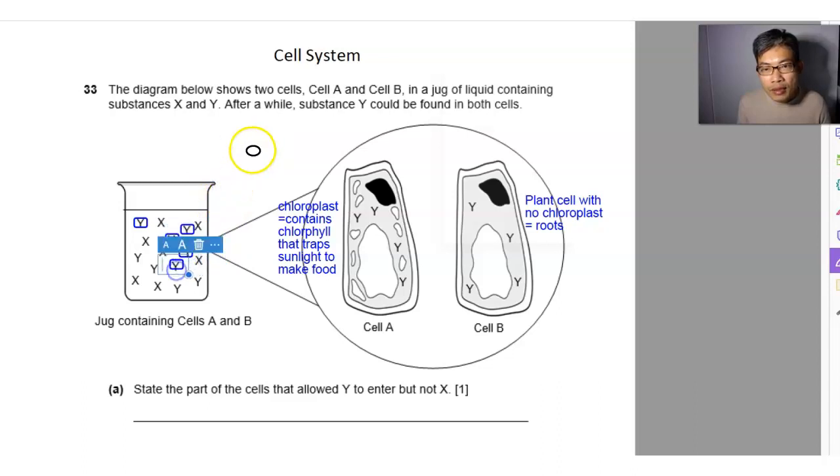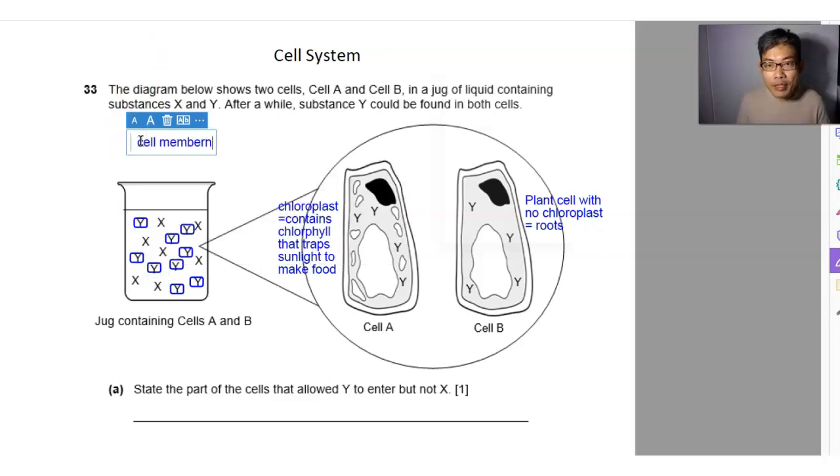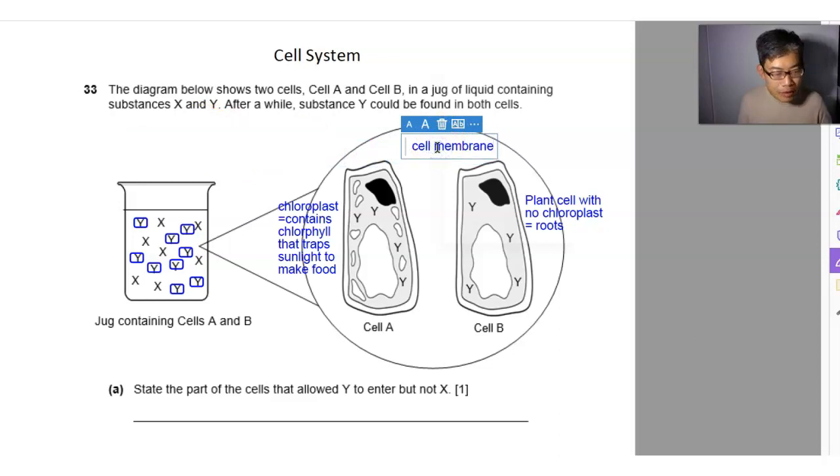So how did this get in? The way to think about this is, which part of the cell let substance Y enter it? That part is known as the cell membrane. The cell membrane allows that to happen. And where is the cell membrane?